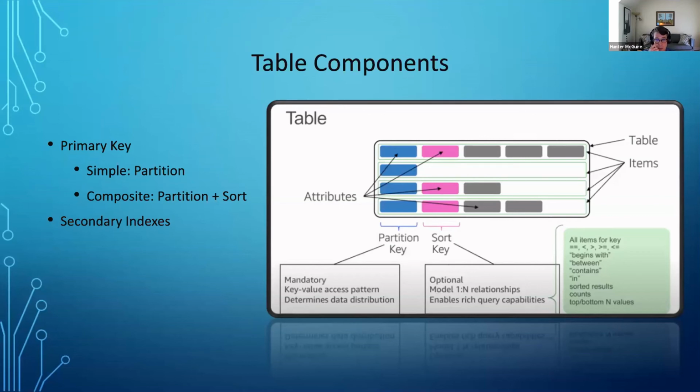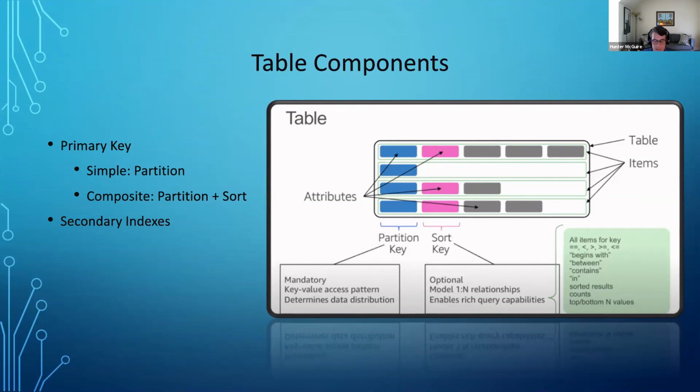This is going to cover the components of a table, which is really the main thing that you're going to work with in DynamoDB. We'll go over some of the attributes and items. In a table, you have an item or items, and you can think of that as a row in a database. Each of those items has attributes, and you can think of those as columns. Much like a relational database, you have a primary key, a way of accessing that record when you need to.